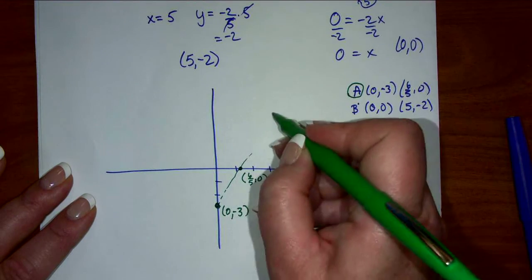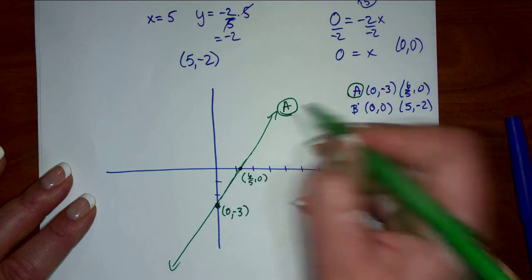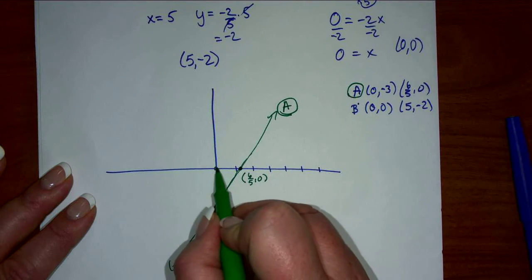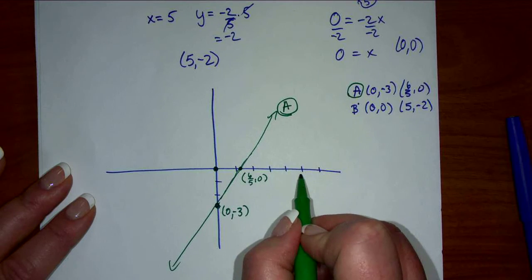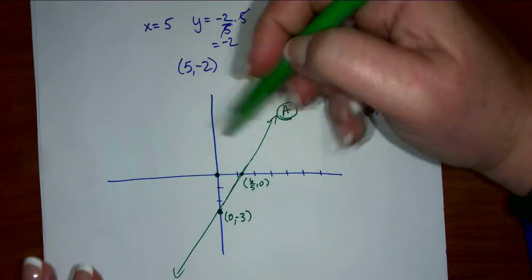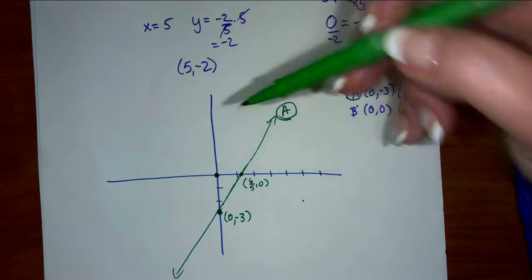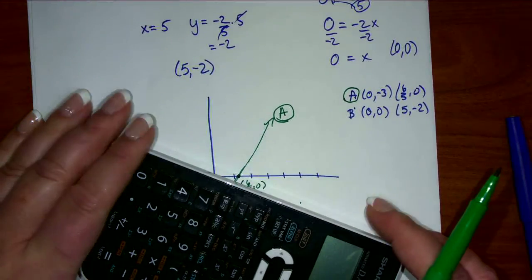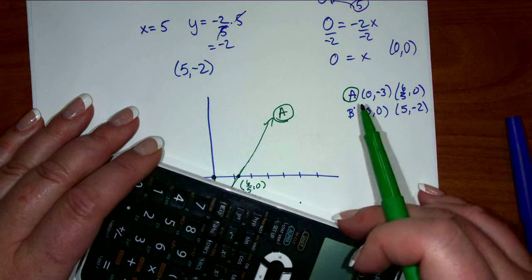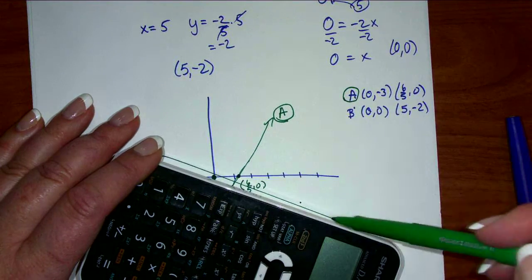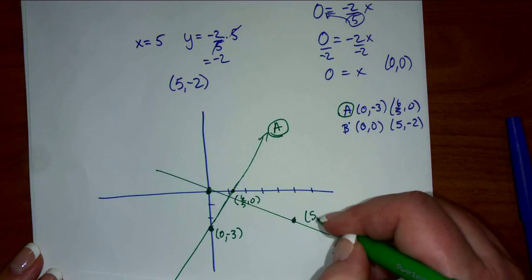There's line A. Line B, 0, 0, and 5, 1, 2, 3, 4, 5, negative 2. Hopefully yours looks perpendicular. Oh, I missed the point, but there it is. And that sort of looks perpendicular.